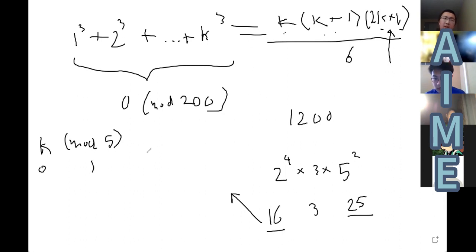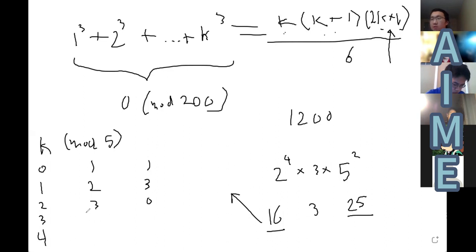And if k plus 1 was divisible by 5, which means that k would be 4 mod 5, then k obviously can't be divisible by 5, and 2k plus 1 would be, 4 plus 1, then 8 plus 1, so that would be 9. Yeah, 2k plus 1 would also be 4 mod 5.